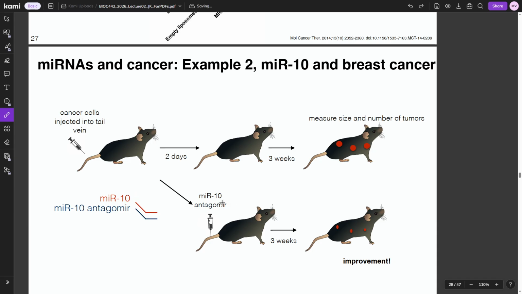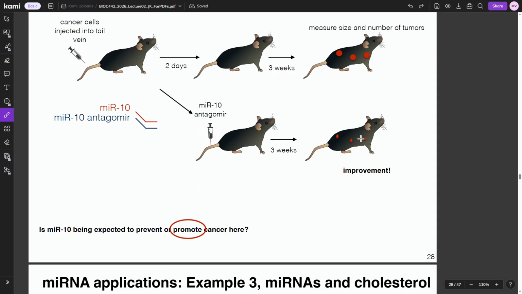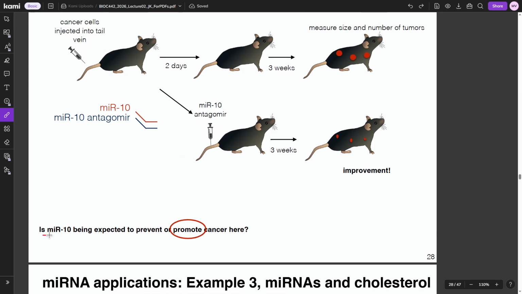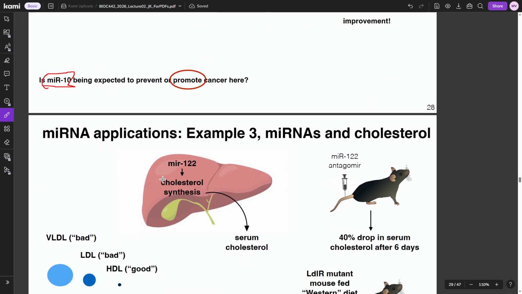So the antagomir soaks up the microRNA, and the tumor suppressor can be translated, and so you lead to less cancer. So the microRNA 10 is promoting cancer. Remember, because the microRNA is blocking a tumor suppressor. So it promotes cancer.